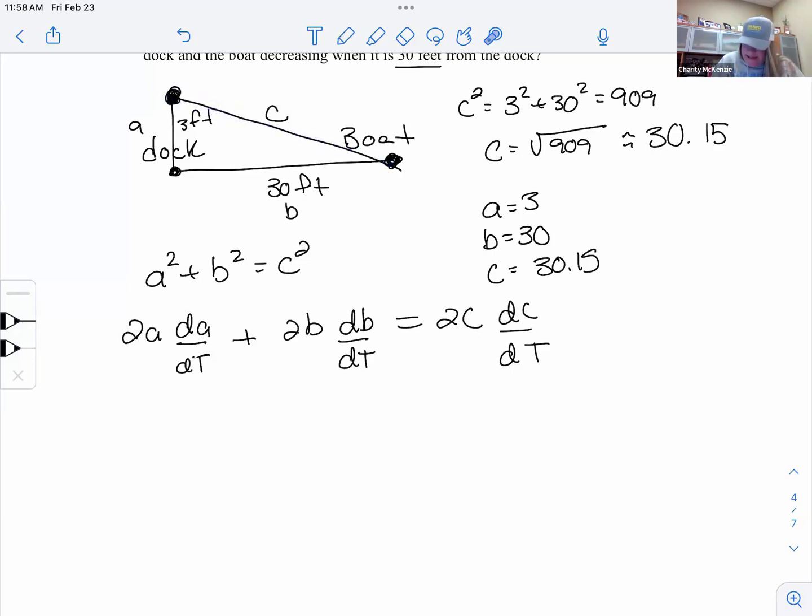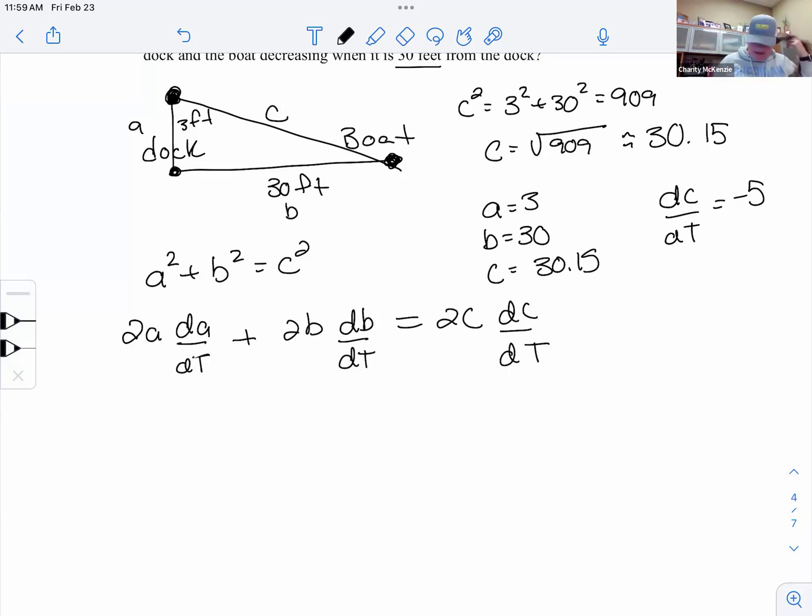You're pulling this in 5 feet at a time per second. So our dC/dt is going to equal -5. Why is it a negative? Because you're pulling it in closer to you. The rope, you're pulling the rope in. So it's coming in at you, negative.